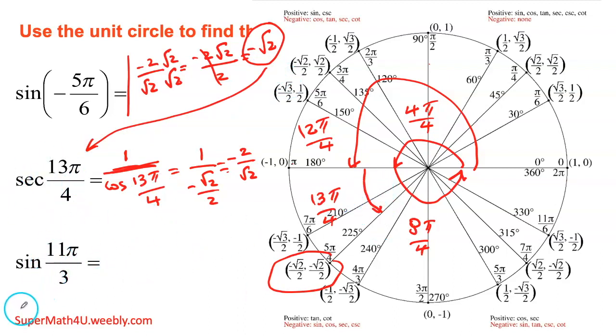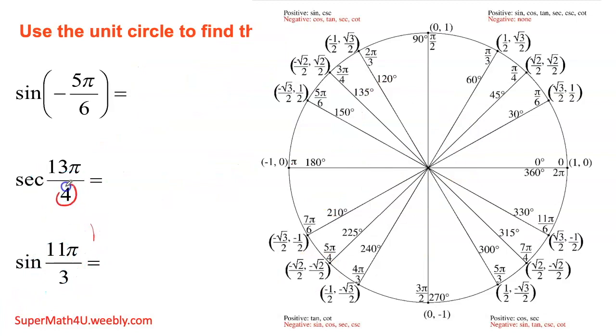Let's do another one. Now, instead of talking about 4s, I'm talking about 3s. 11 pi over 3. So that means this is pi, but it's the same as 3 pi over 3, right? If I need a 4 over 4, that's the same as 4 pi over 4, or 6 over 6, right?